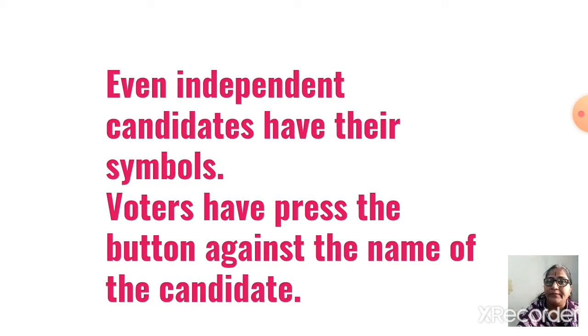Now all the voters have to do is, when they enter the polling booth, press the button in the EVM machine against the name of the candidate to whom he or she wants to give his or her vote.